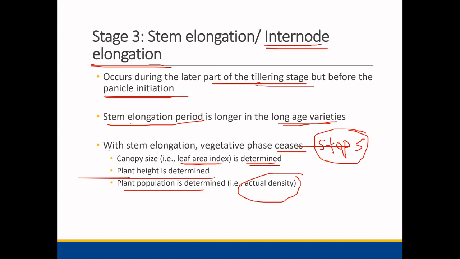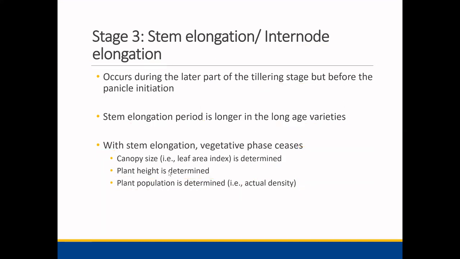So these three components that highly affect the further growth and yield of rice are decided at the end of this vegetative phase. At the end of the vegetative phase, these important growth parameters are determined. After that, they will not change much. The leaf area will not change much, plant height is also determined, and the population is also determined.